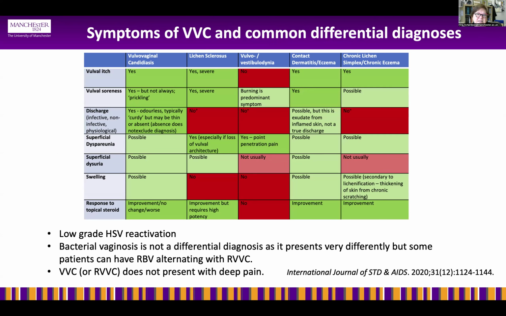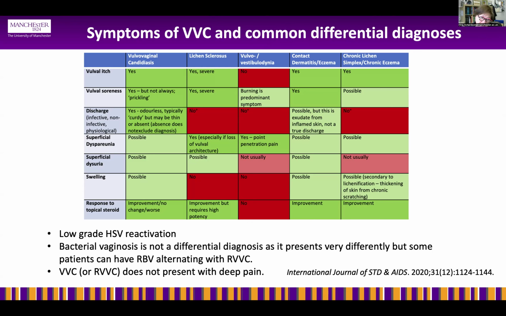And you can see that vulvovaginal candidiasis shares a lot of the symptoms, particularly with contact dermatitis and vulval eczema. And vulval eczema is relatively common. But there are others, lots of similarities to be added to this table. Definitely low-grade herpes simplex virus reactivation would give a very, very similar clinical picture.